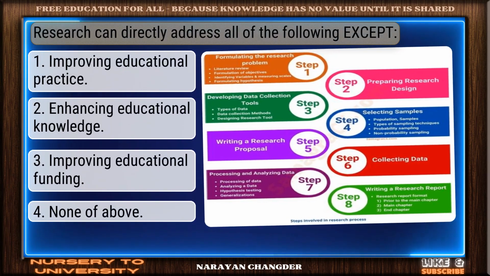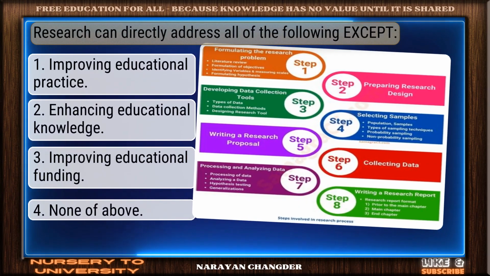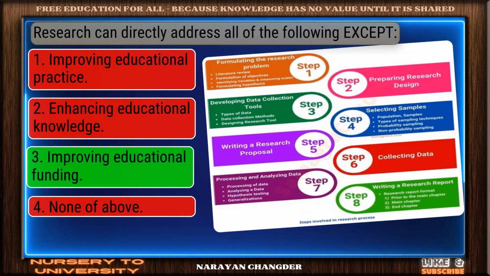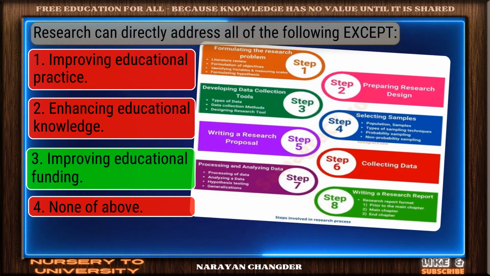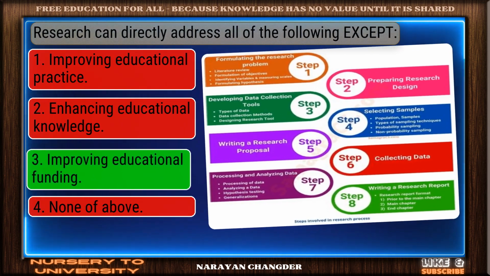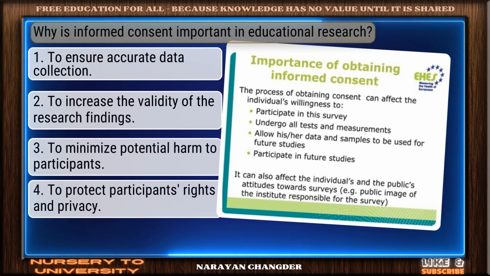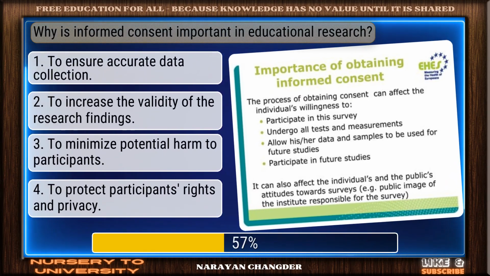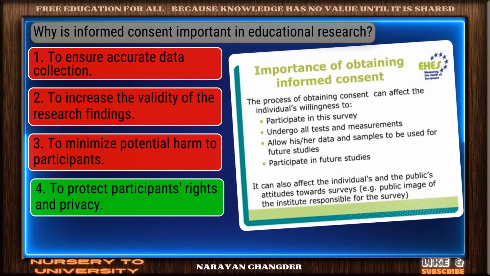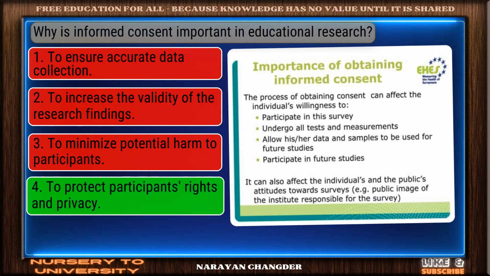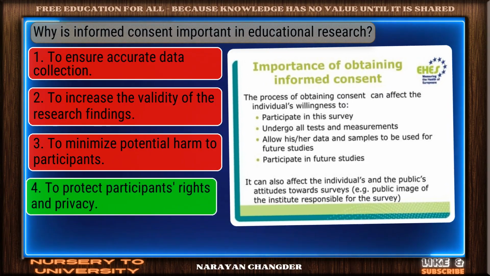Research can directly address all of the following except. Nice selection. Improving educational funding is the correct and valid answer. Why is informed consent important in educational research? Solid response. To protect participants' rights and privacy is a valid choice.